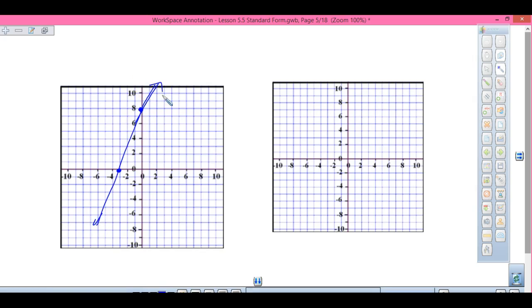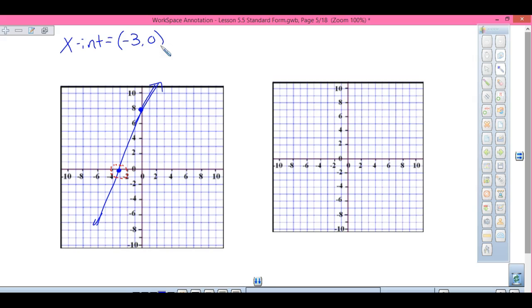If I look at this graph, my x-intercept is what? Where does it cross the x-axis? Right here, right? So what point is that? -3, 0. Remember, points need two numbers.